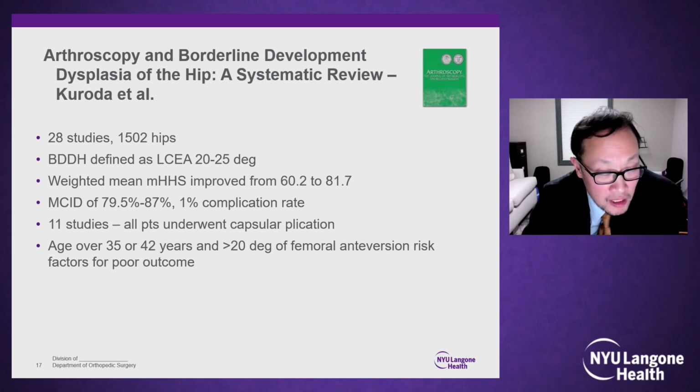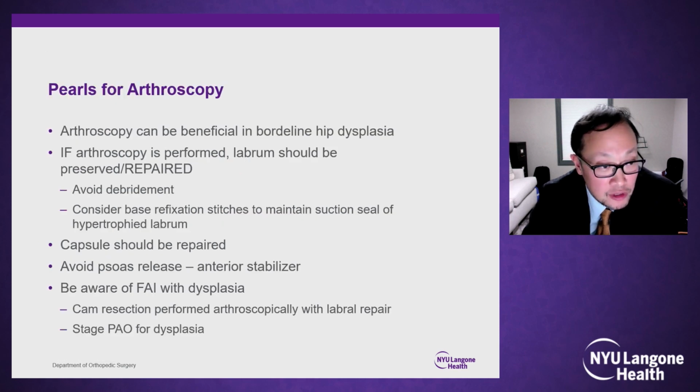Systematic review, 28 studies, 1,500 hips, looking at borderline dysplasia. All patients in 11 studies underwent capsular plication, and they found pretty decent MCID of 80 to 87%, 1% complication rate, and increased poor outcomes in patients over 35 with greater than 20 degrees of femoral anteversion.